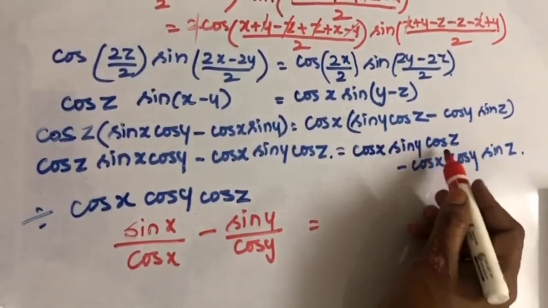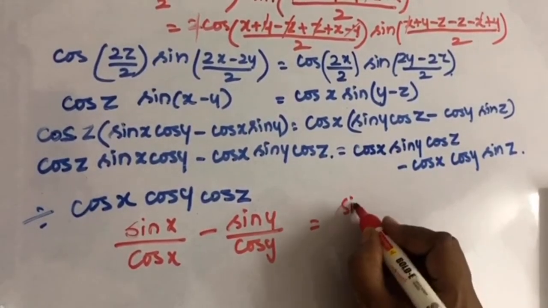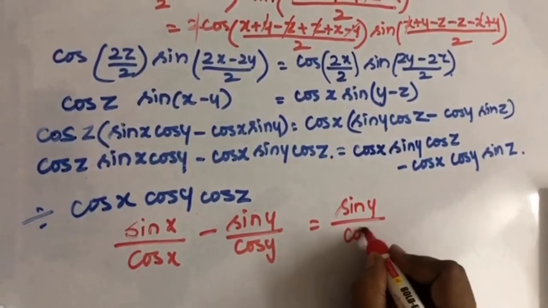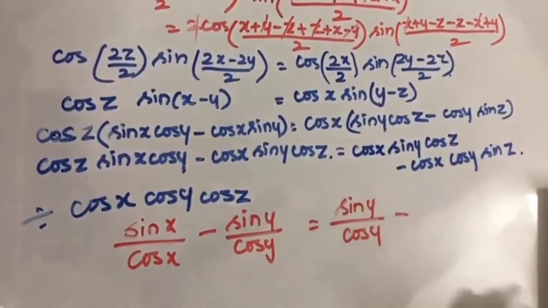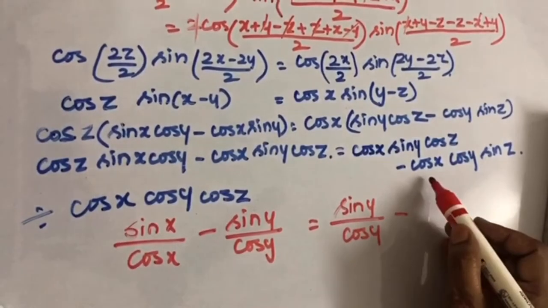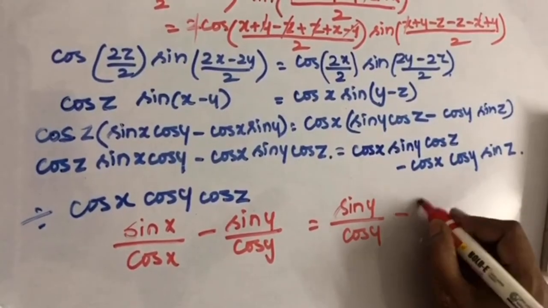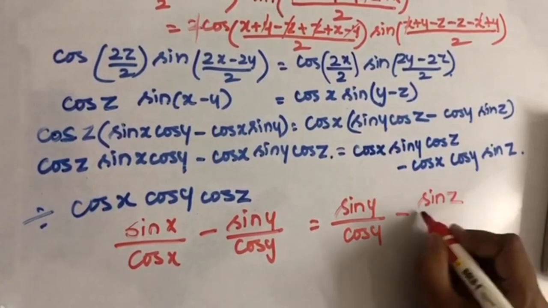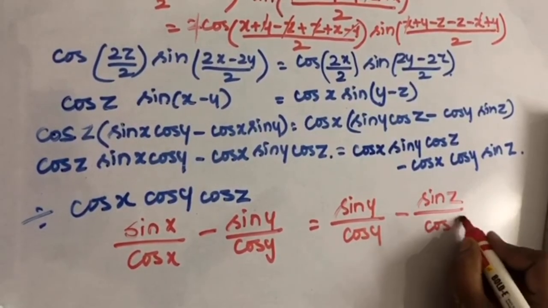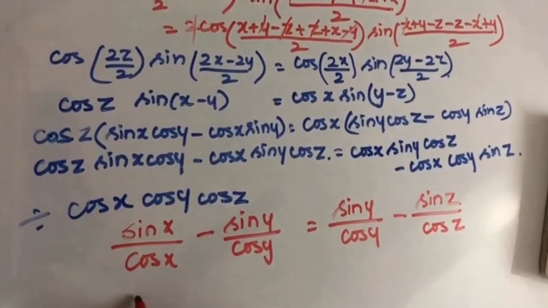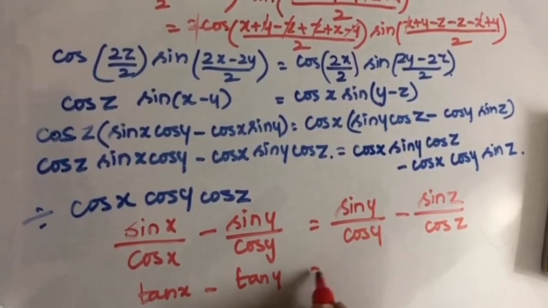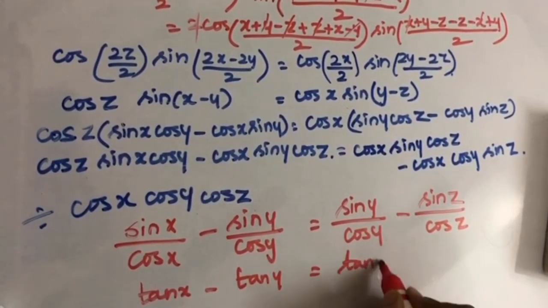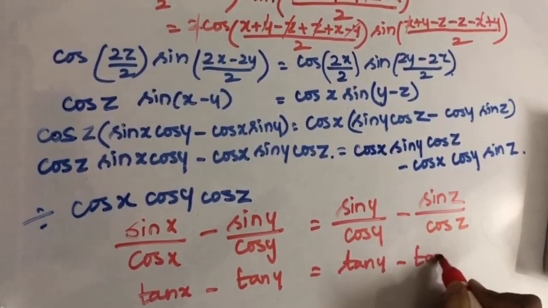So cos and cos will get cancelled. You will get sin y divided by cos y minus cos x cos y sin z. So here also cos terms will get cancelled. You get sin z divided by cos z. Okay, so it is tan x minus tan y equal to tan y minus tan z.